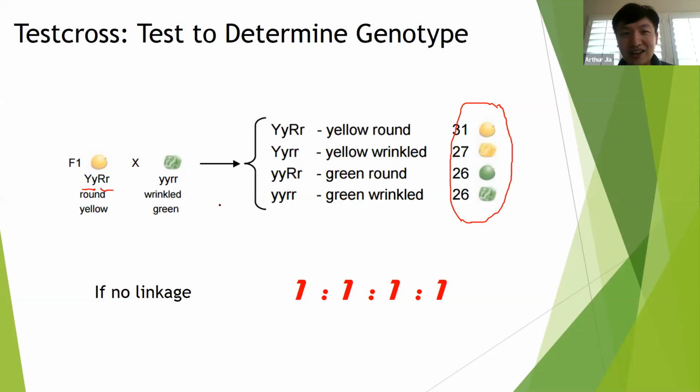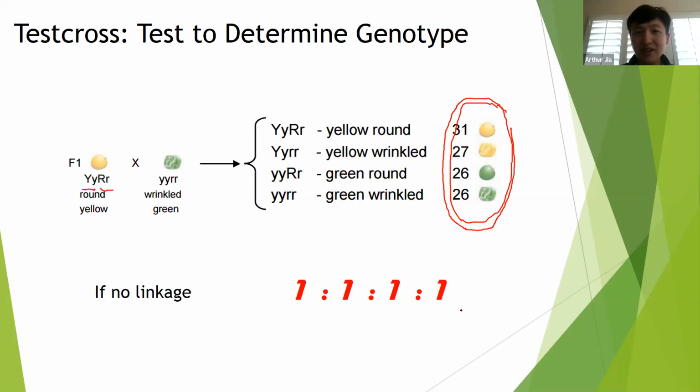That's why when Mendel did this test cross, the experiment ended up with four roughly equal groups of progeny. If you look at the ratio of these groups, it is 1 to 1 to 1 to 1. So this indicates there's no linkage between these two genes, two loci.